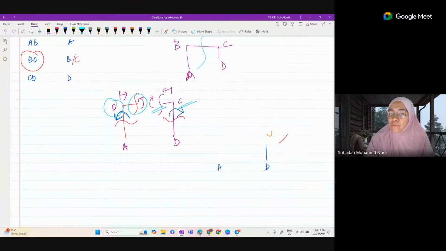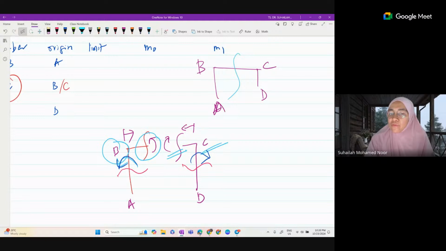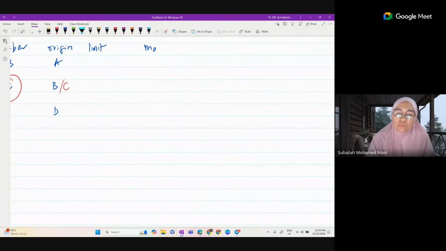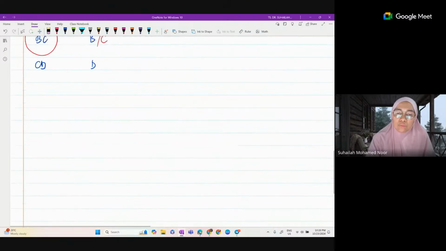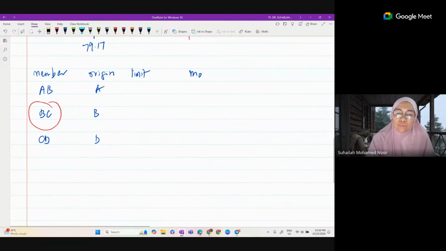Dia quite synonym, left dengan counterclockwise and right dengan clockwise. Please be careful about that. Ini yang antara benda-benda yang selalu Cik Rosul bagi tahu saya susah hati. Because if you put wrong sign convention, your moment equation is wrong.